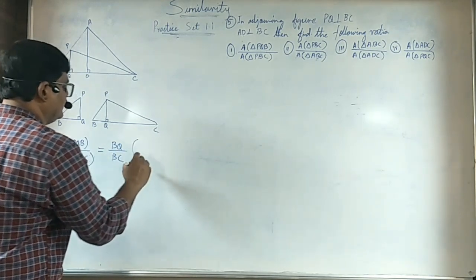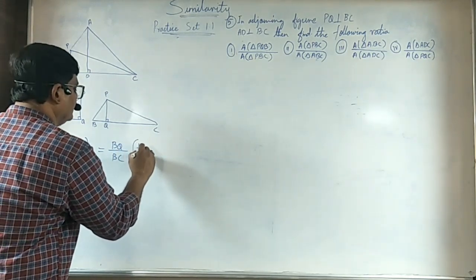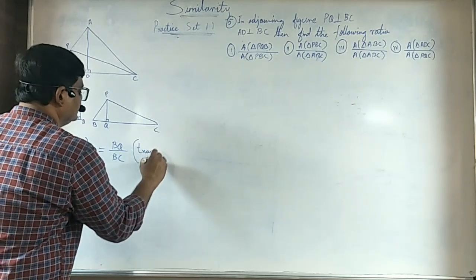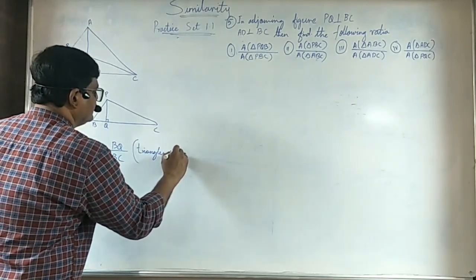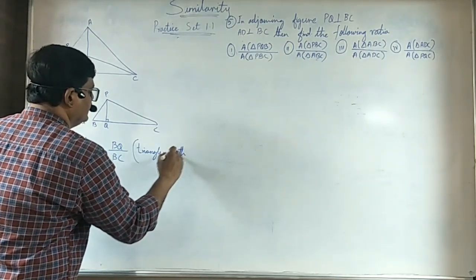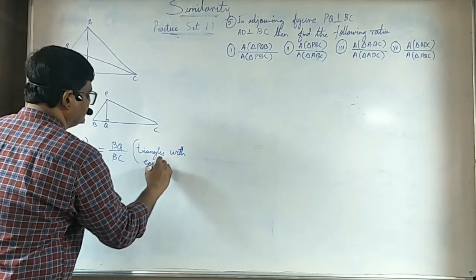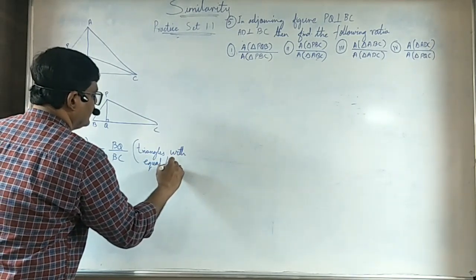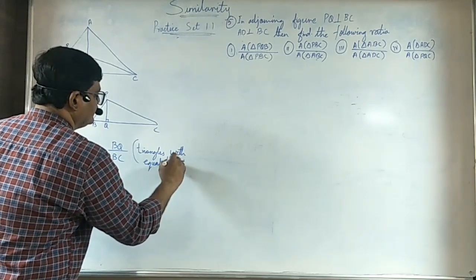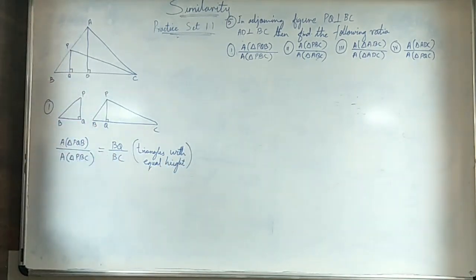So you just have to write in the bracket, triangles with equal height. That has to be written there. Triangles with equal heights. So we finish with the first question.